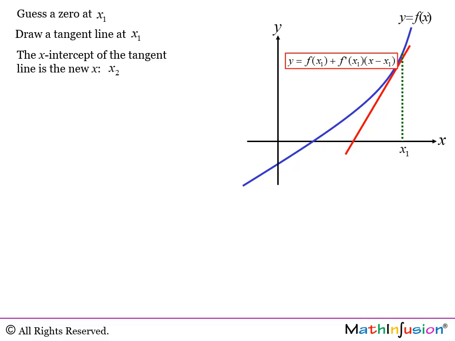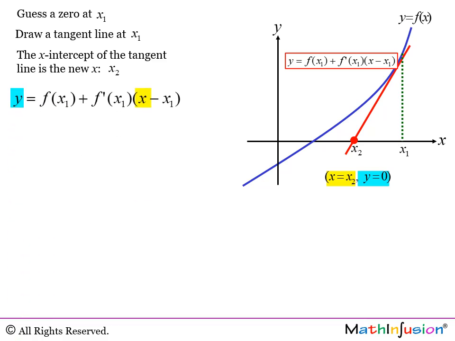The x-intercept of the tangent line is the new value of the x, which is x2 now. Here's x2. Observe the coordinates of this one. The x-coordinate is x2 and the y-coordinate is 0.